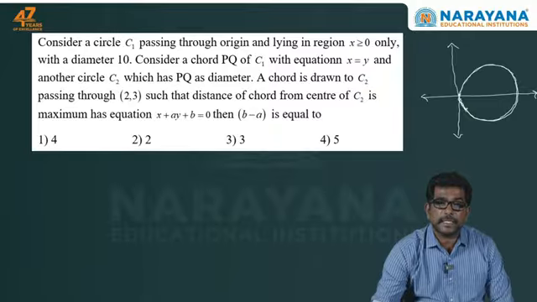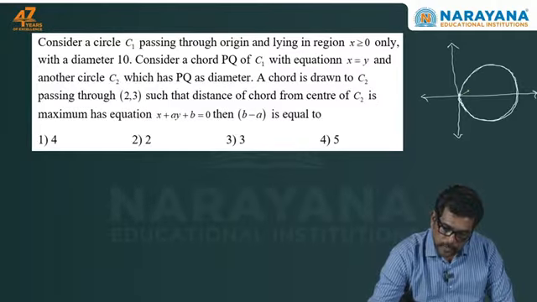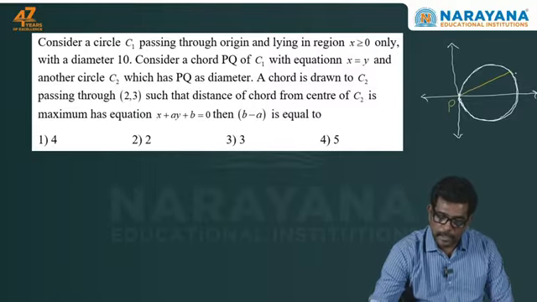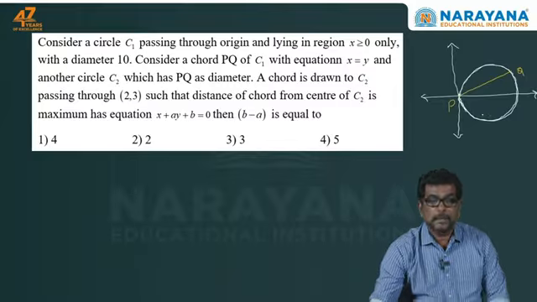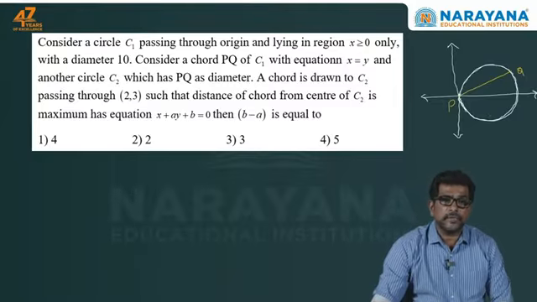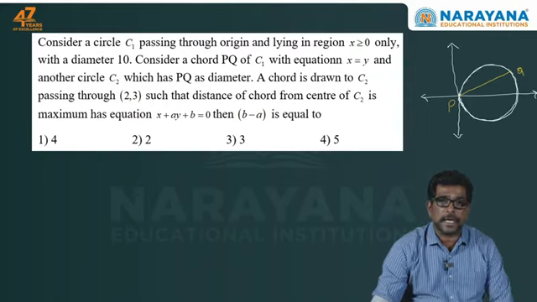The equation y equals x, you know, represents a line passing through the origin. So the chord PQ passes through the origin. Suppose I take P at the origin and Q at the other end. Now, another circle C2 has PQ as its diameter.